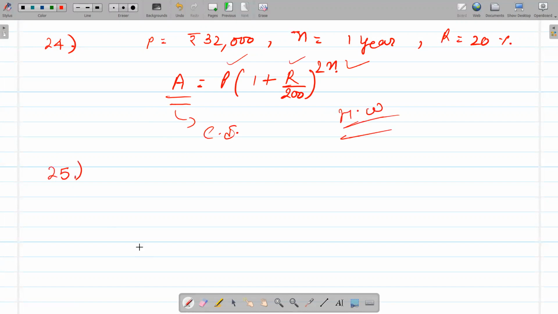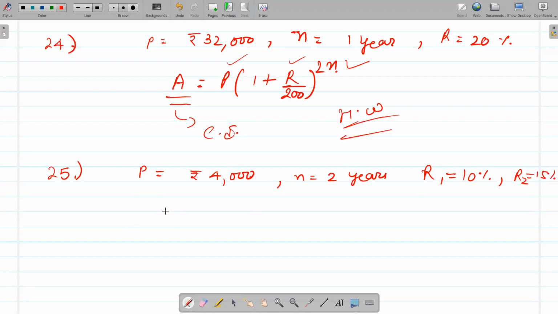Question number 25. Find the amount and the compound interest on 4,000 for 2 years if the rate of interest for the first year is 10% and the second year is 15%. अब जब इस type का question आता है, which formula you have to use? Principal है आपका rupees 4,000, time is 2 years, and rate is, for the first year it is 10% and for the second year it is 15%.